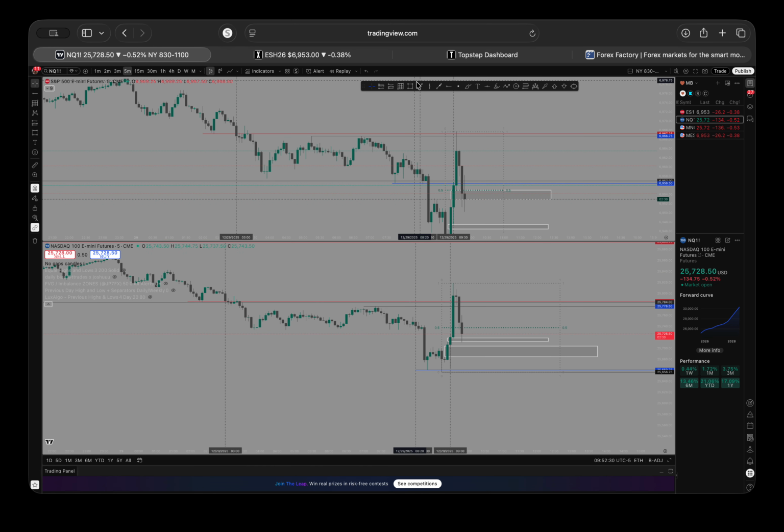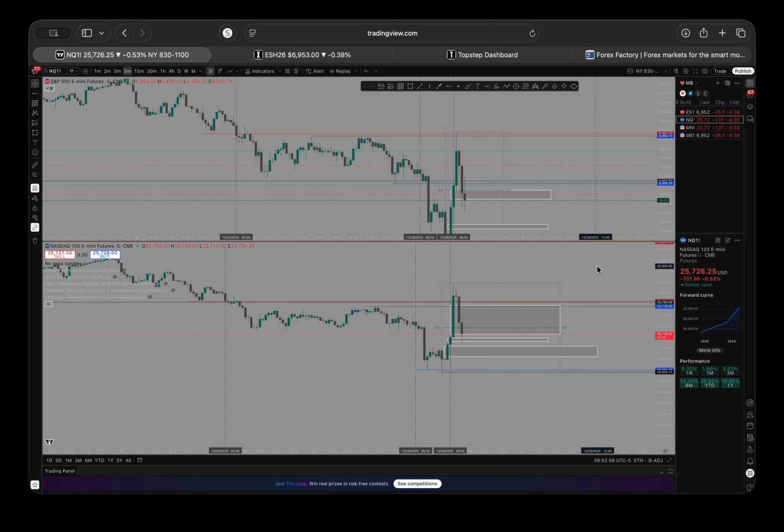Also, I see this fair value gap here, but it got invalidated when this candle closed beneath it, so I take that out. I see the fair value gap here somewhere. Hold on, did I draw that right? Oh, yeah. So a fair value gap there that might be honored on the NQ.